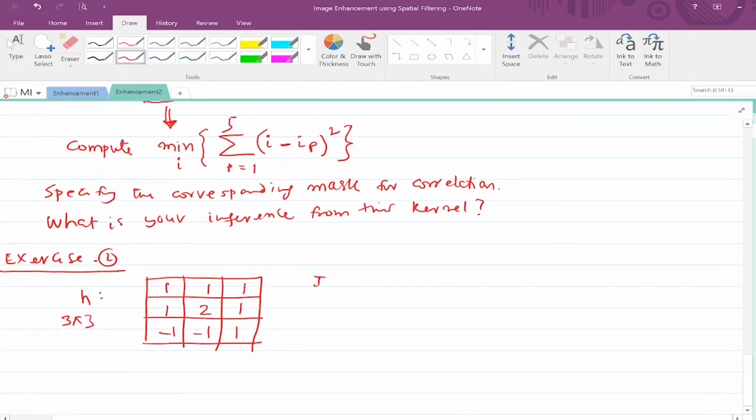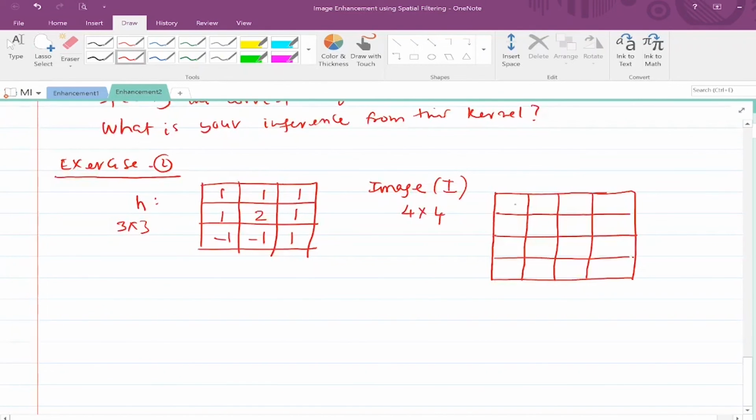Now image is also given to you. The image, let me denote it with I. Let's take an image of size 4 by 4 here. Let the values be 2 2 2 3, 2 1 3 3, 2 2 1 2, 1 3 2 2.